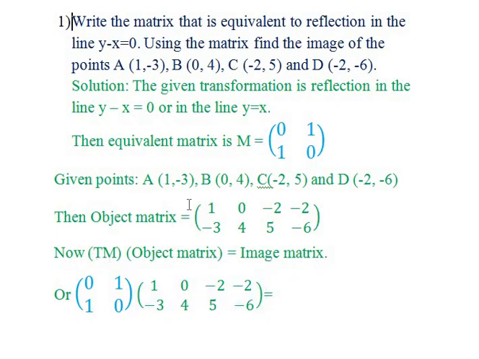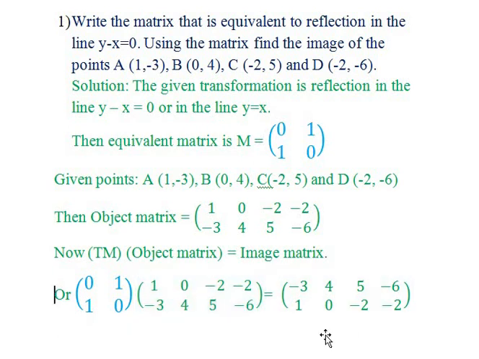Now the transformation matrix is 0, 1 and 1, 0, and the object matrix is this. Now we multiply as usual by the rule of matrix multiplication. We get the result, this one. The detailed multiplication is left as an exercise.